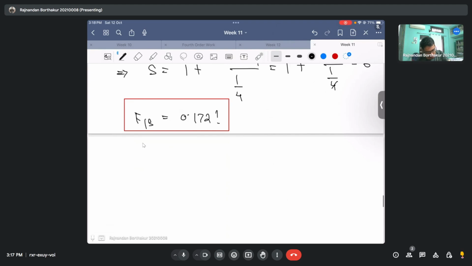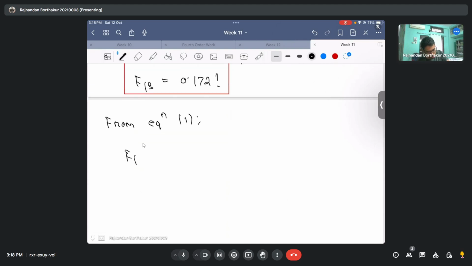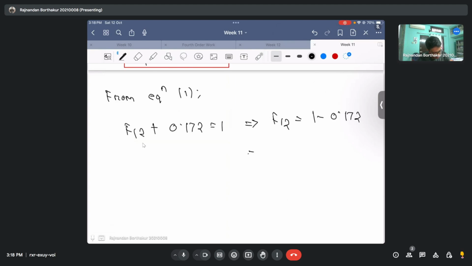So from equation 1, F12 plus F13 is equal to 1, which means your F12 is just equal to 1 minus 0.172. And if you do this, you should get, from the answer that I have, your F12 to be around 0.828.